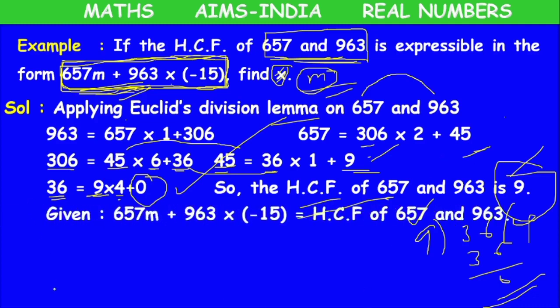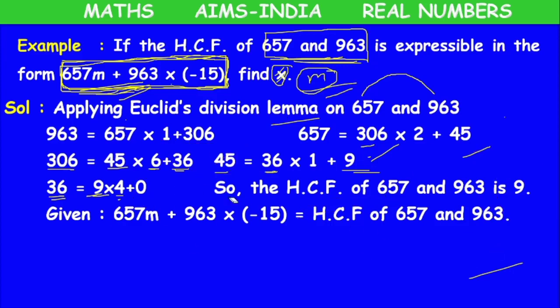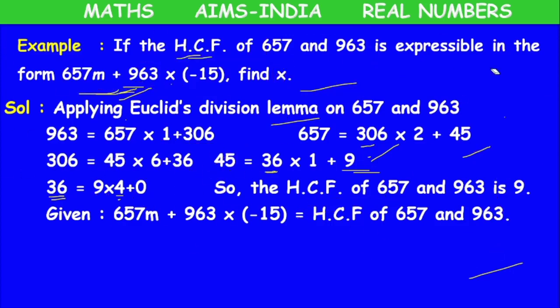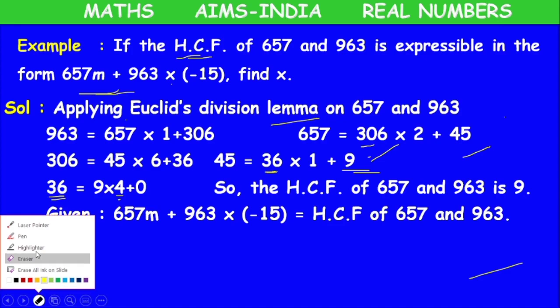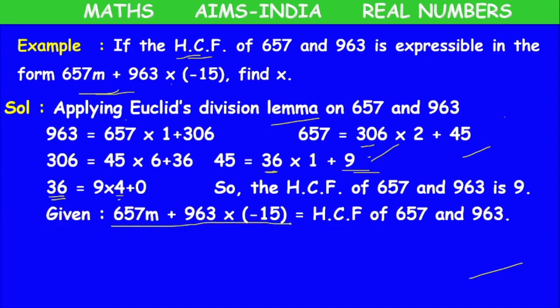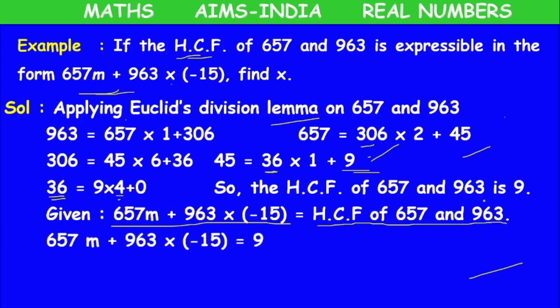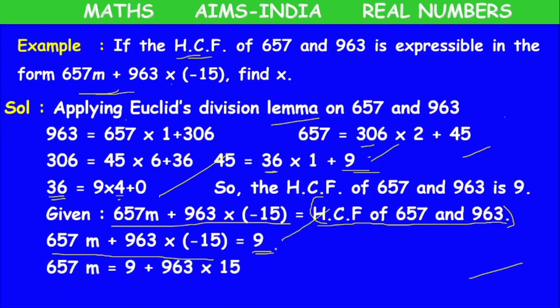So whatever we have got here, this is the expression which is equal to HCF of given numbers. Just now we found it out. What is the HCF? 9. LHS will be the same, right hand side I will keep 9.